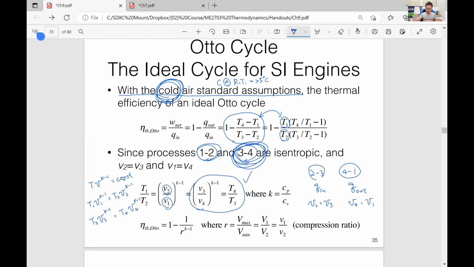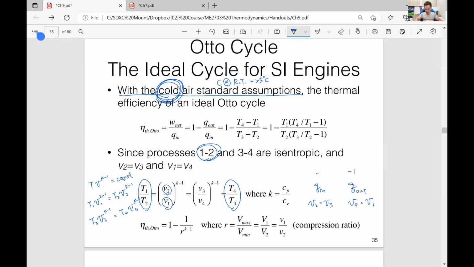Okay. So this tells us what? This tells us that the temperature ratio T1 to T2 is the same as T4 to T3. Okay, T1 over T2 is T4 over T3.